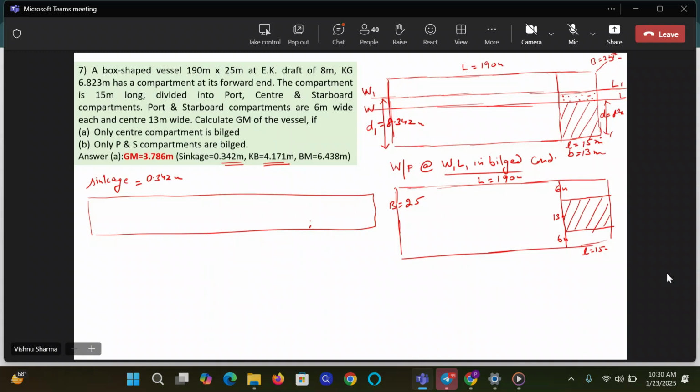Write the statement so that you don't miss out writing it. You have to give the reason if you're cutting short, otherwise do it by moments.